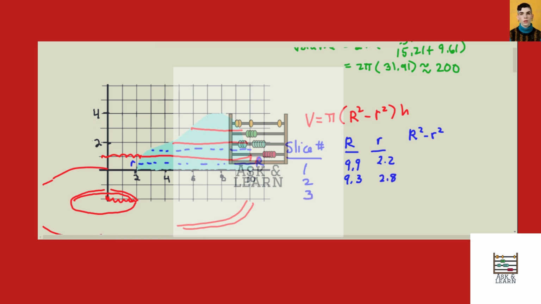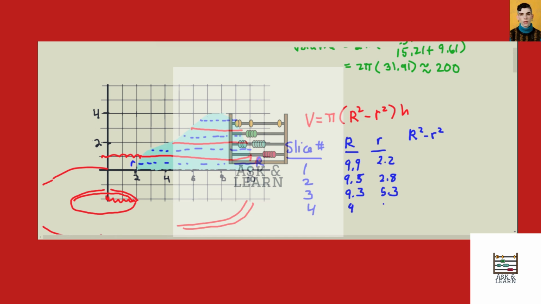Slice 3, big R, 9. I think the other one better be 9.5 because I'm going to give that one 9.3. And little r is 5.3. And then slice 4, big R is 9 and little r is 6.5.